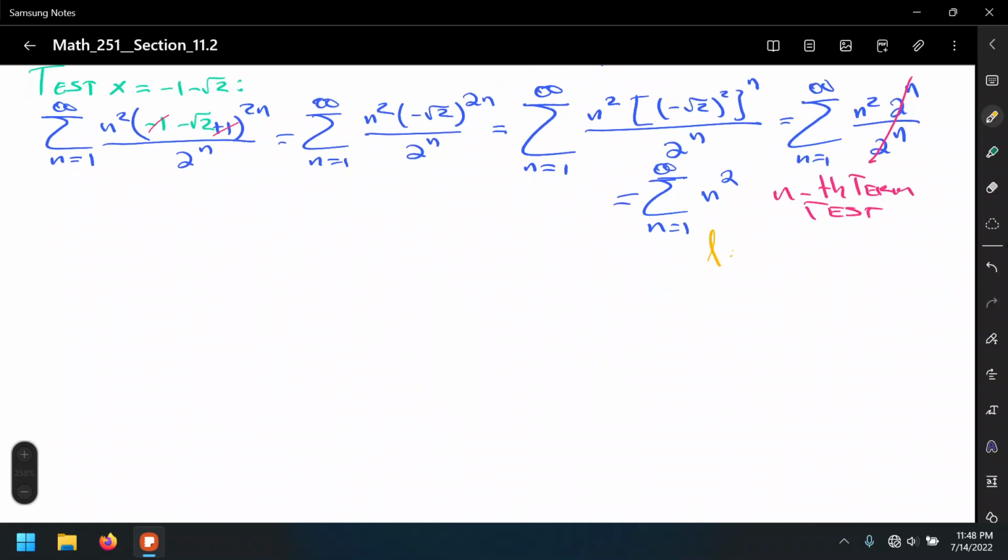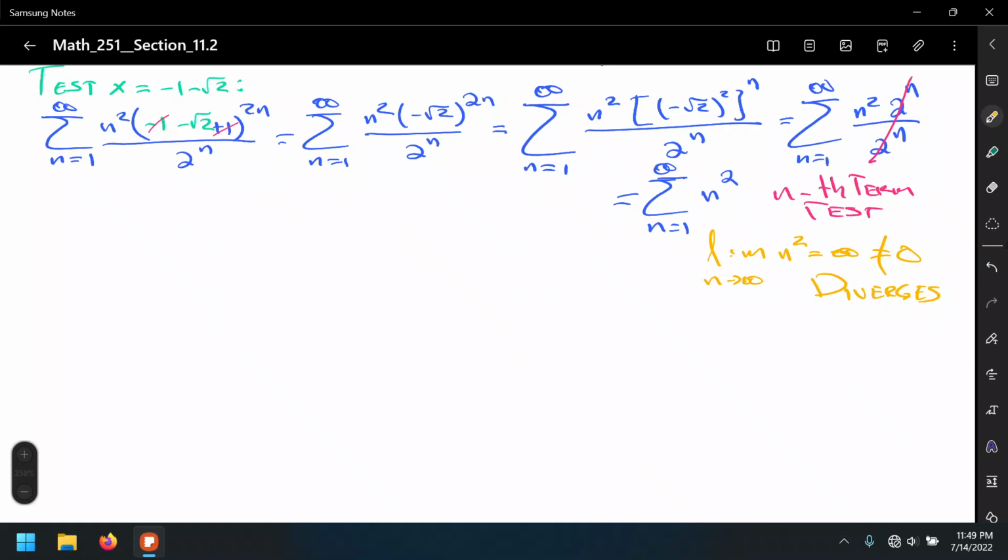Let's see if it works. Limit as n approaches infinity of n squared, and well, this is infinity, right? Because infinity squared, even more infinity, which is not equal to 0, which diverges. That's one way to see it.